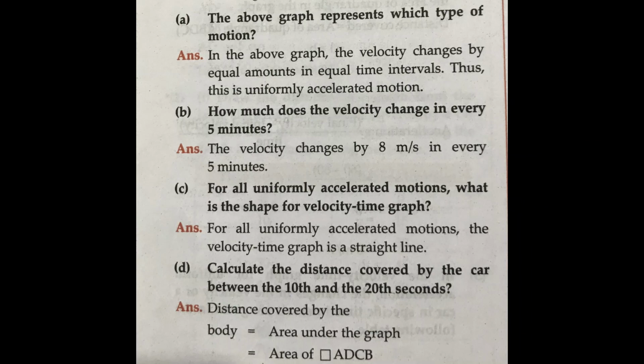And last but not the least, you have to mark those 2 points. For all uniformly accelerated motions, the velocity time graph is a straight line. For non-uniformly accelerated motions, the velocity time graph may have any shape. This much for today. Hope you have understood.